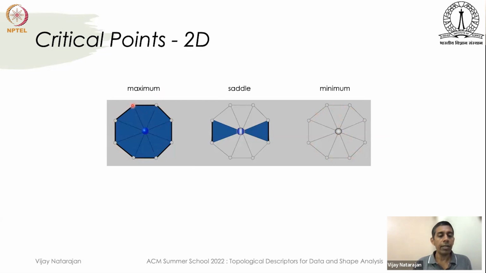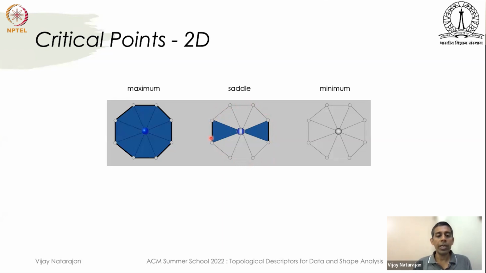It has one connected component and one cycle. The saddle has two connected components of the lower link. These are points with high function value. The lower link has two components.